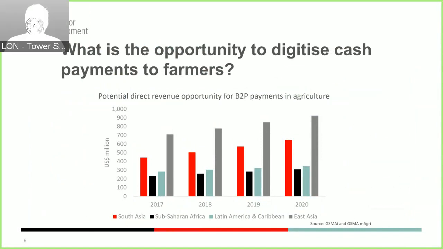So it is important to say, though, and this is a very, very important disclaimer, that this is a market ceiling. So this is not how much revenue mobile money providers are actually making. What we're presenting here is an opportunity.